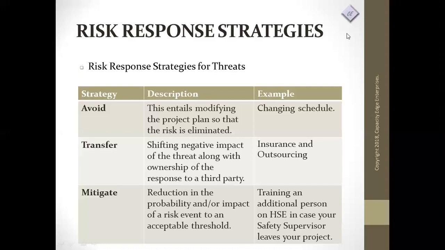And that also reduces the probability and impact of workers getting injured on site. So that is mitigate. So those are the strategies that are exclusively used for threats on your projects.